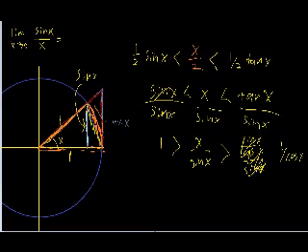Alright, now that we have this inequality here, as you can see, we're very close. We've got x over sine of x is greater than 1. So what we're going to do now is multiply by the reciprocal.